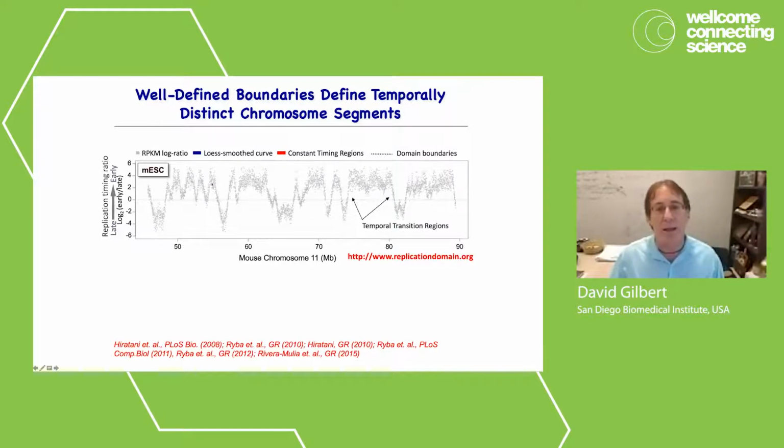And you can see that these are raw reads in 5 kb bins, and you can see that replication does proceed in these synchronous waves of large segments of the genome that replicate either early, middle replicating, or late replicating.